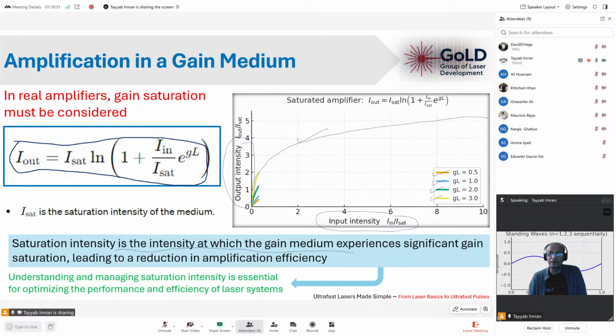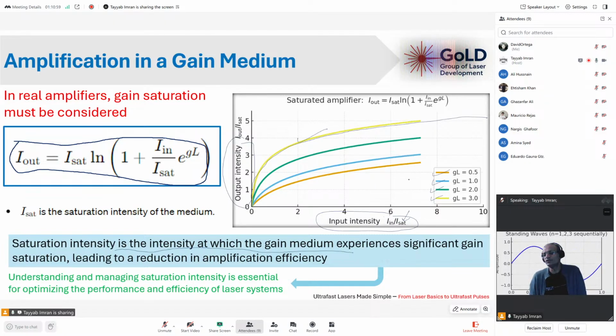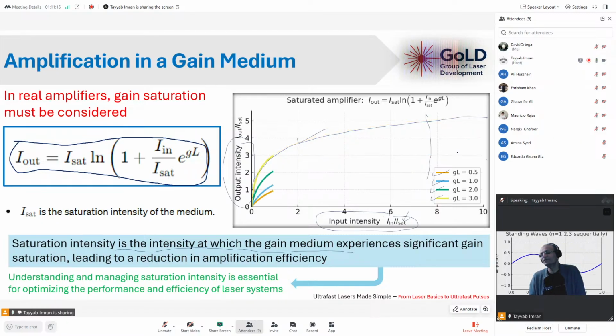But considering I saturation also, at a certain point, even though the input intensity is increasing, the output intensity is not increasing much.